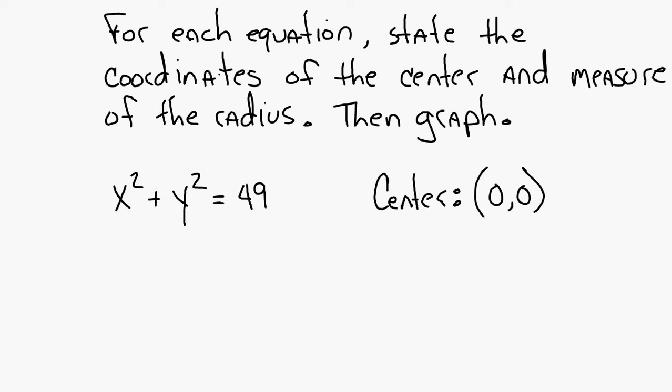And the radius, when the equation is in this form, the radius is the square root of whatever's out here. So in this case, the radius is going to be equal to the square root of 49, which is 7.